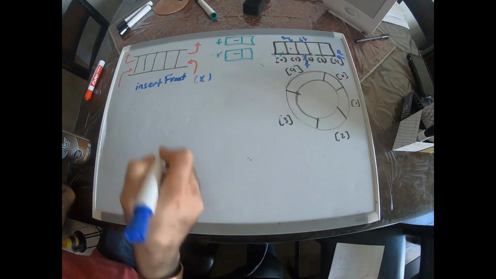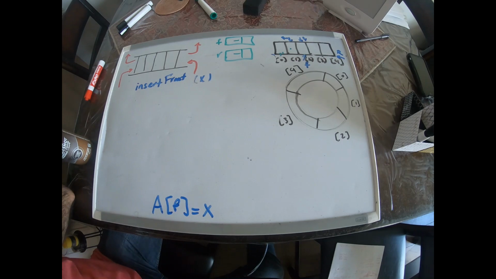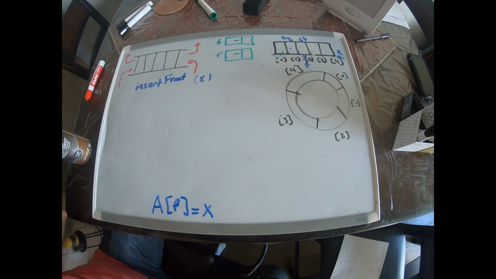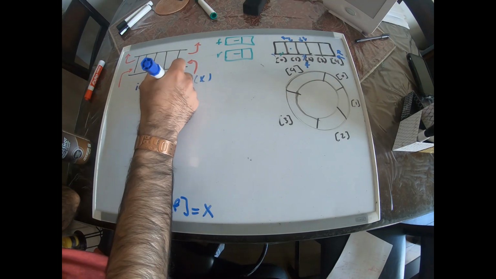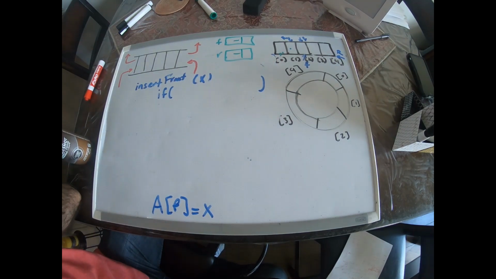Okay, so basically what we want to do, we want to say that A[f] is equal to x at the end, or whatever the name of the array is. Okay. So again, what are the cases that we have to check? If the array is full, or if the deck is full, right?